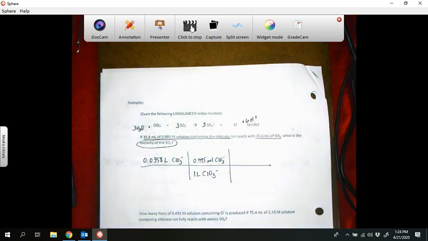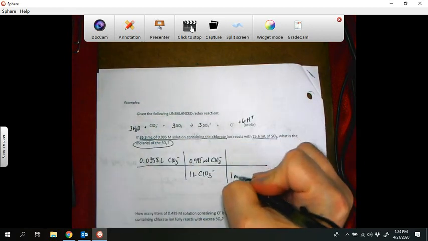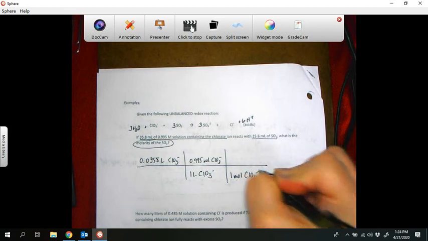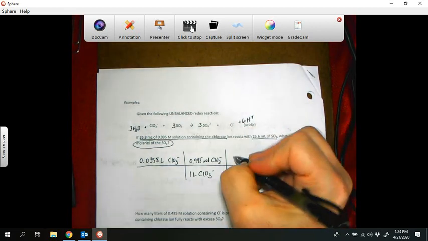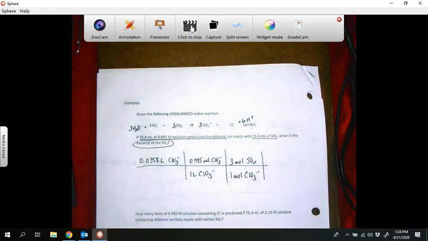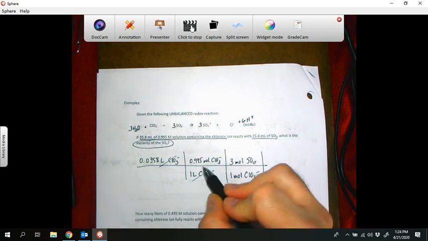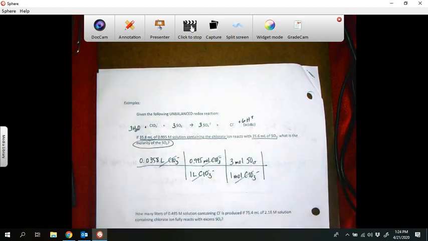And now is where our mole ratio comes into play. Remember, mole ratio is how we go from moles of one thing to moles of another in a balanced reaction. We have 1 mole of chlorate per 3 moles of sulfur dioxide gas. Now, if we start crossing off our units, all the chlorates cross out.